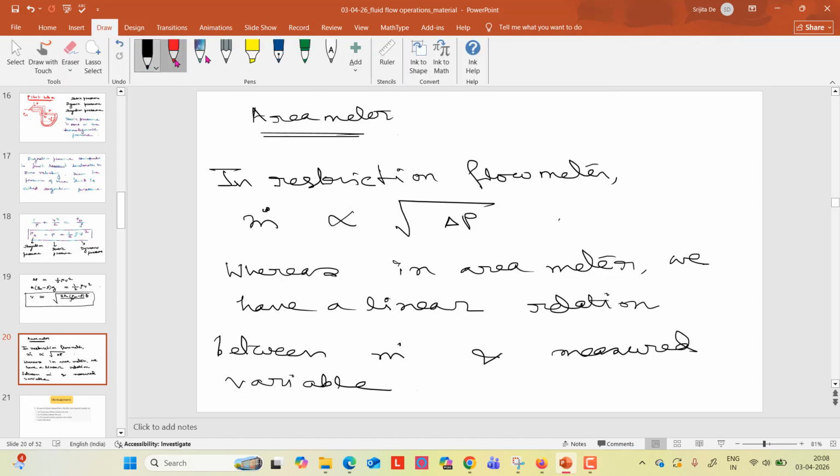So this relation is non-linear in the restriction flow meter, but in case of the area meter, this relation is linear. Okay, this is a small question that may come.